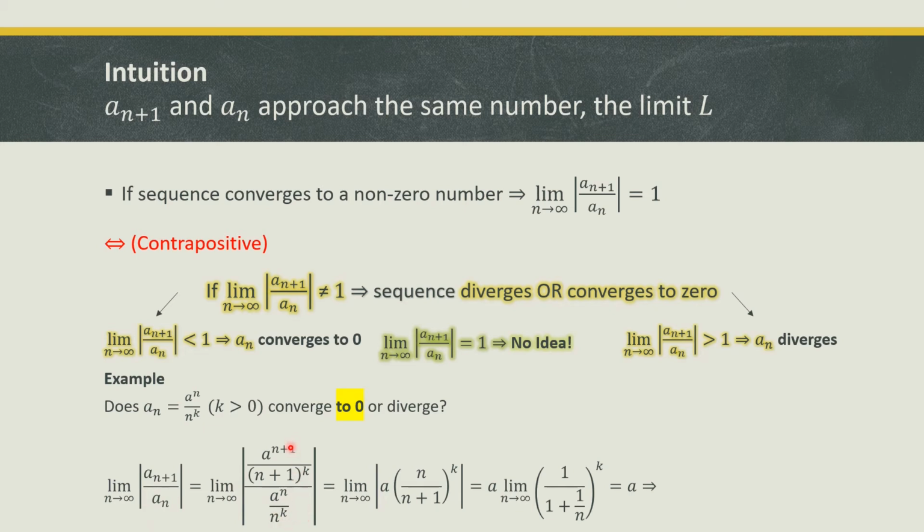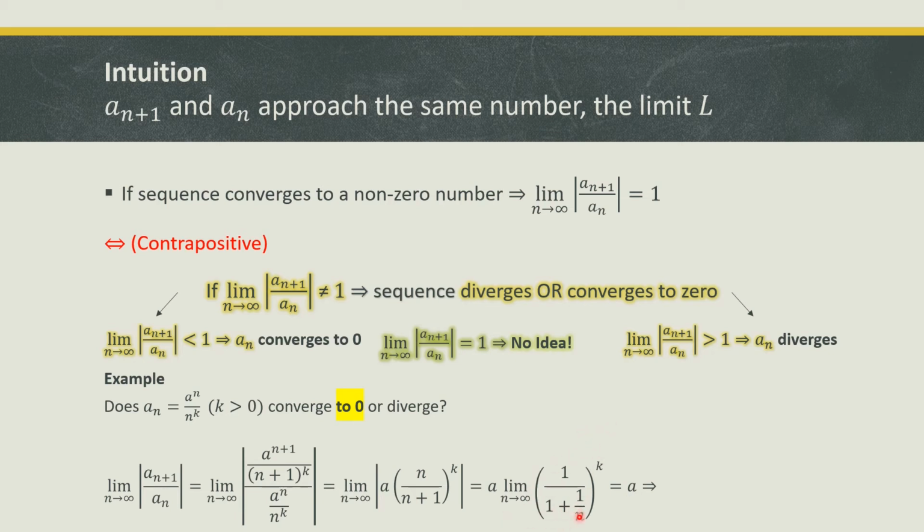Now this is rather easy. a to the n plus 1 over a to the n simplifies to a, and then this denominator divided by this denominator simplifies to this term here. If we factor out the a from the limit, because a is just a constant, then we are left with this limit here, and interestingly we already know that this limit actually approaches 1, right?